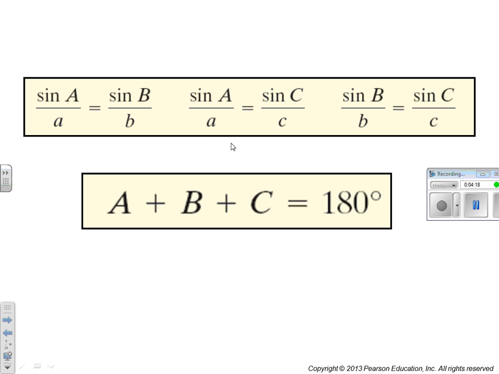How I remember it, it's the angle over the side opposite. So if you have a triangle, you have angle A, side A is opposite of angle A. Side B is opposite of angle B.